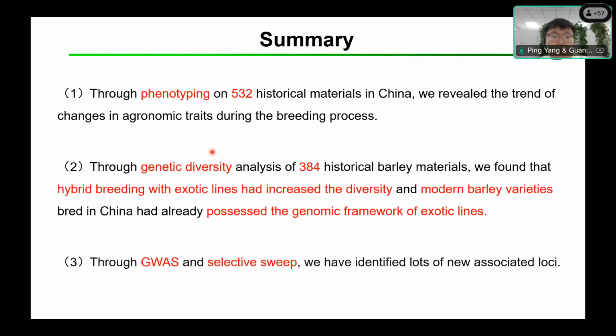Through the genetic diversity analysis of 384 historical barley materials, we found that hybrid breeding with exotic lines had increased the diversity, and modern barley varieties bred in China had already possessed the genomic framework of exotic lines. From GWAS and selective sweep, we have identified a lot of new associated loci.